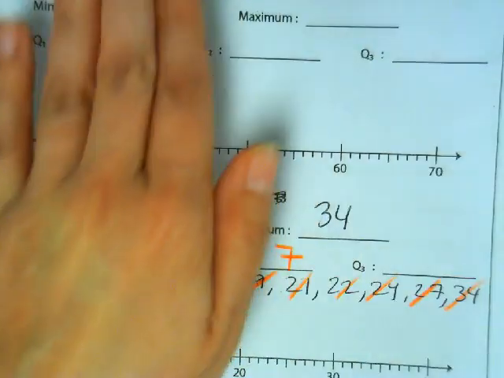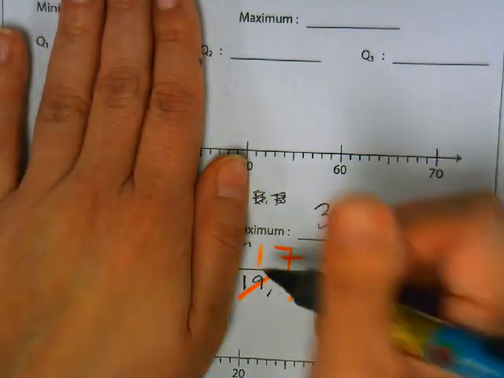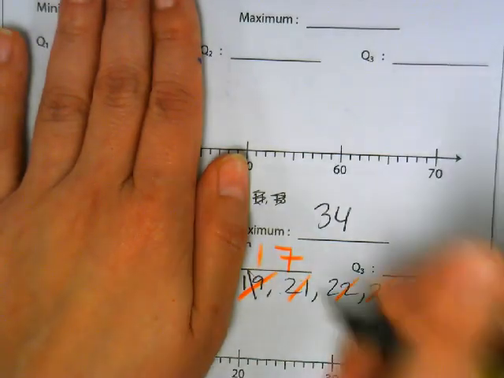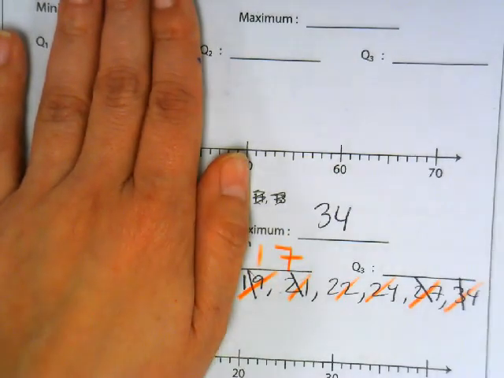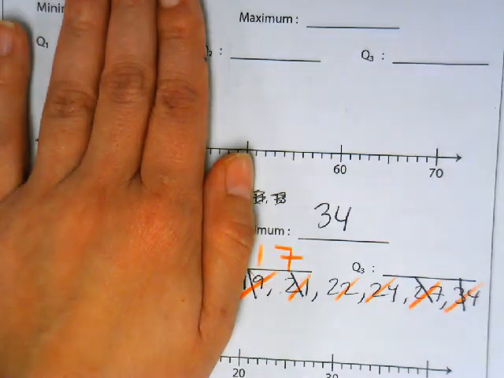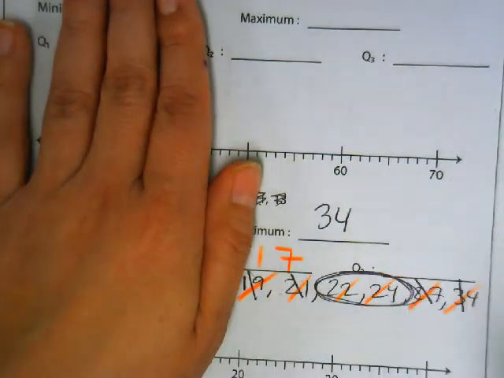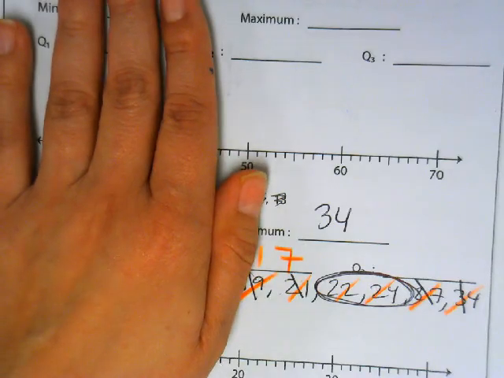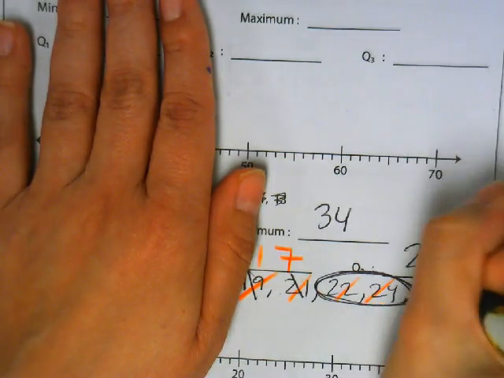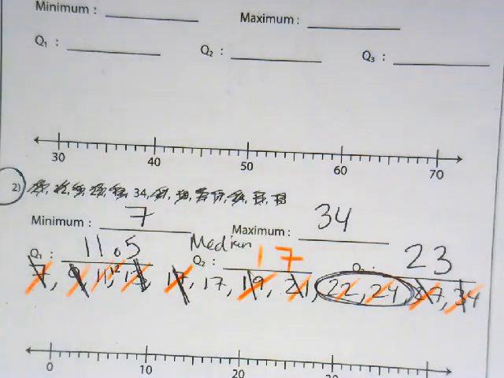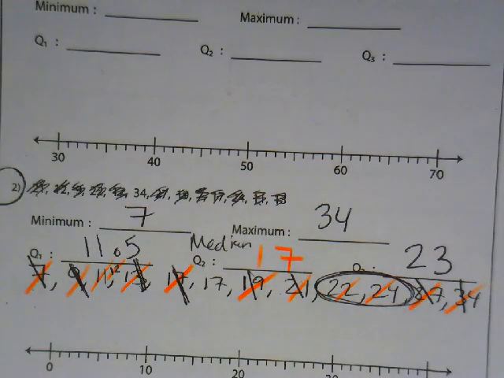Now go to the other side: 19, 34, 21, 27. What two numbers are left in the middle? 22, 24, which means what number is in the middle? All the quartiles right. Good. I got the quartile 2.